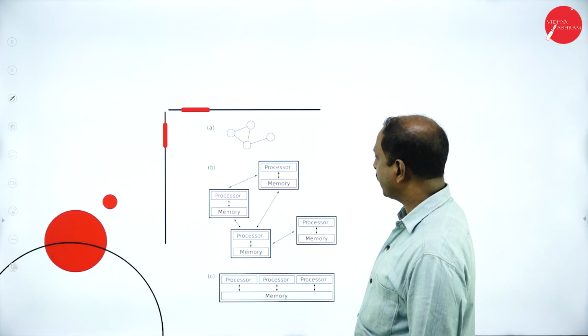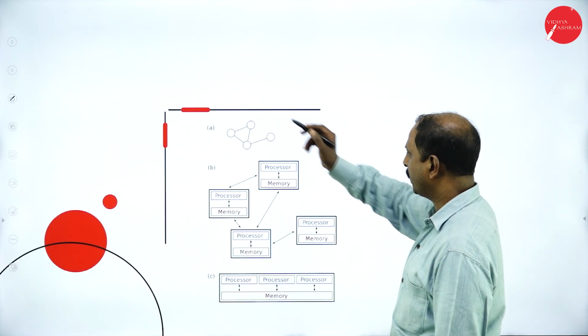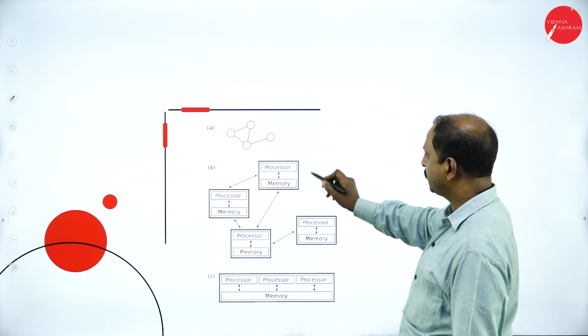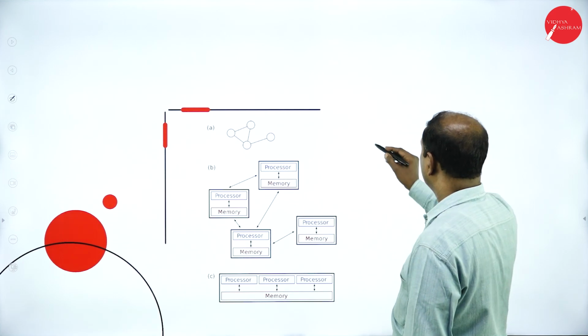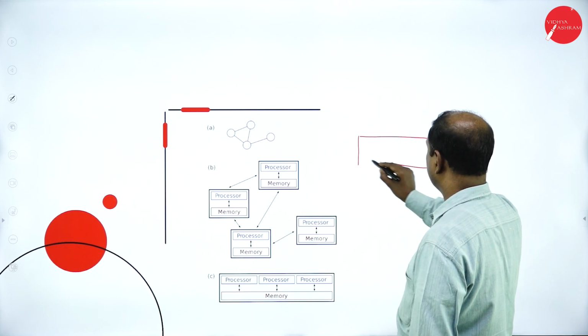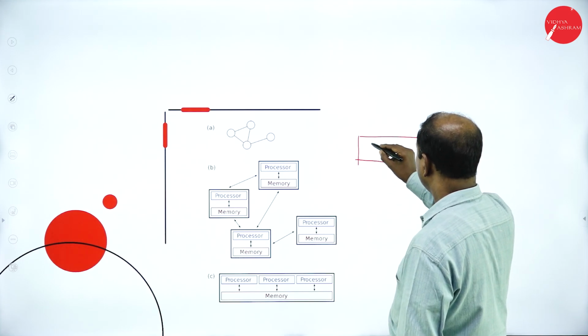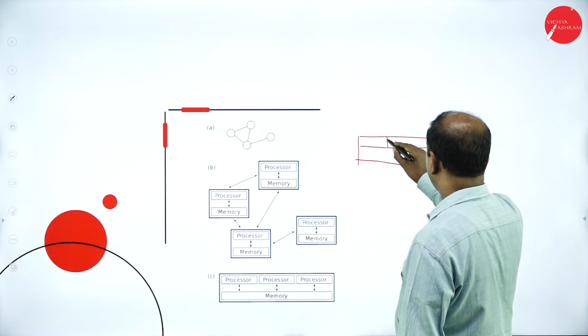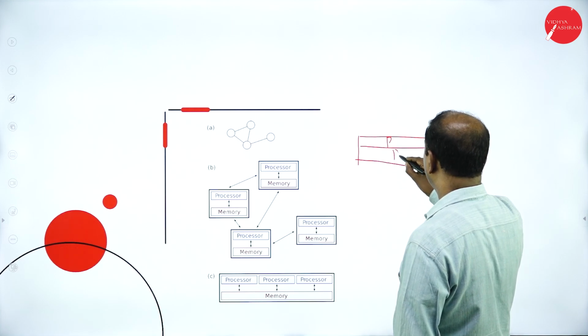Now look at the diagram here. In the diagram you can make out, this is one processor, this is one computer. You can assume the diagram like this: this is one system with one processor and one memory.